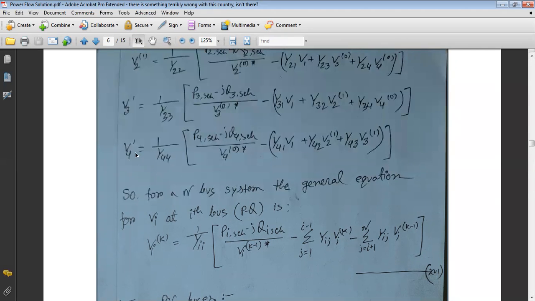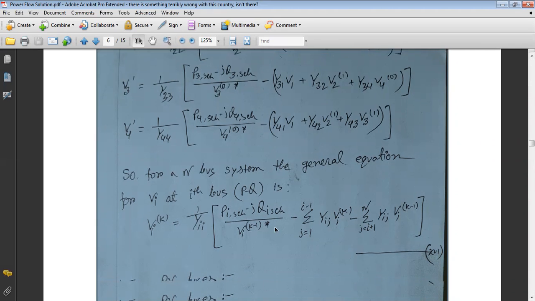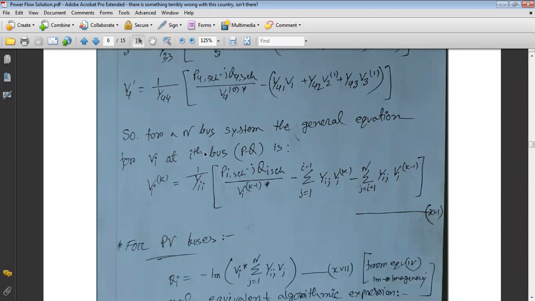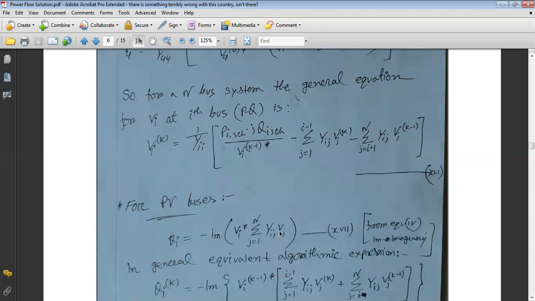Now this is the equation. If we just put the values in this equation, we can easily calculate the bus voltage magnitude and angle. We can use this equation to determine the angle of any particular bus voltage, but the magnitude is given if the bus is a PV bus.